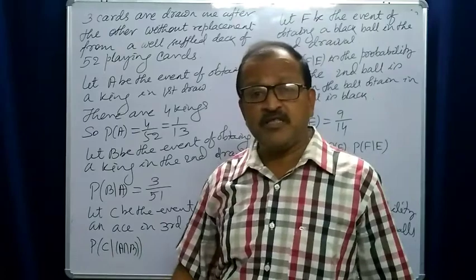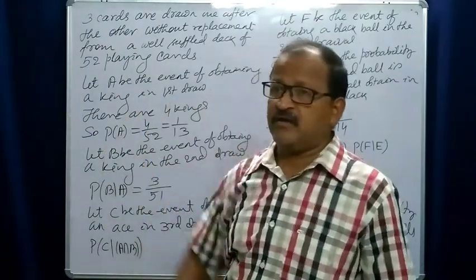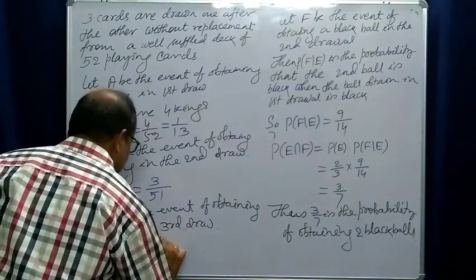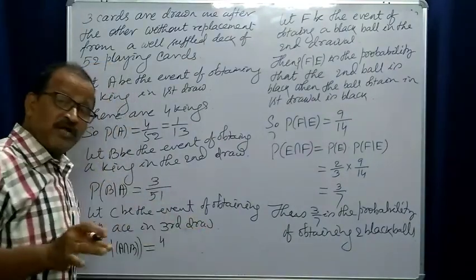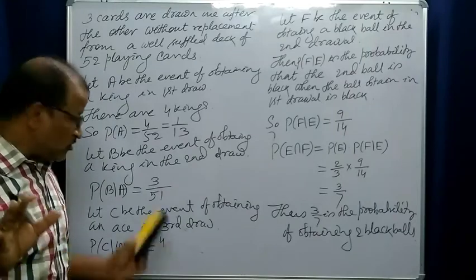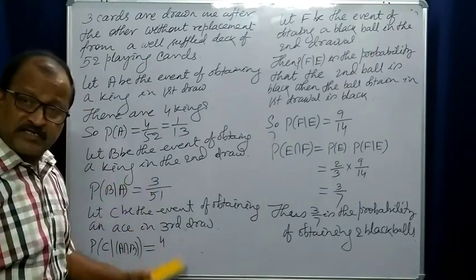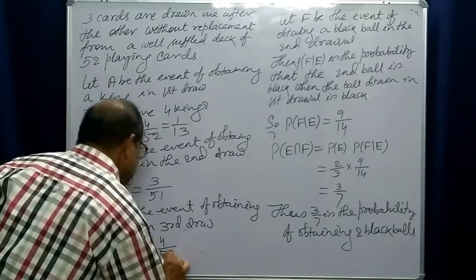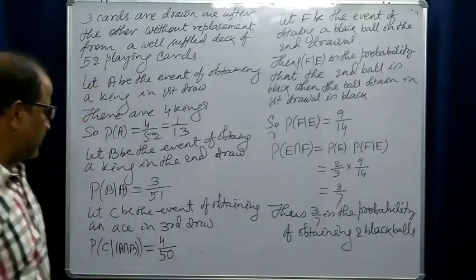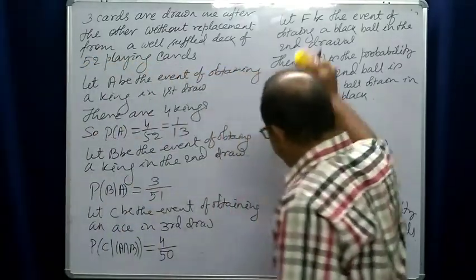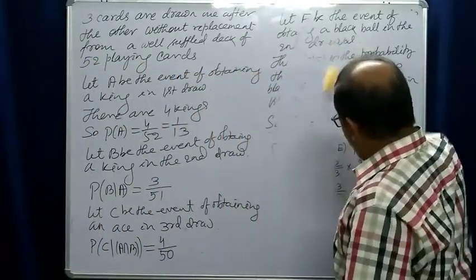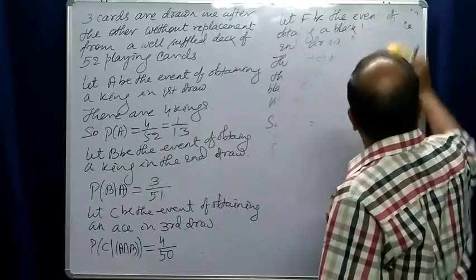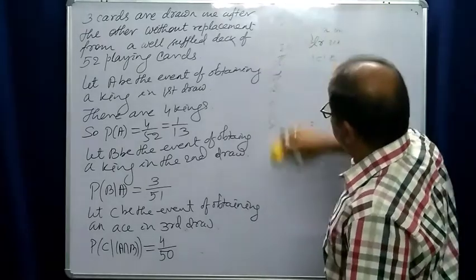What is the probability that the third card is an ace? There are 4 aces, intact in the deck. Now it is 50 because 2 cards are drawn already. So it is 4 by 50. This is the probability that the third card drawn is an ace while the first 2 cards are kings.